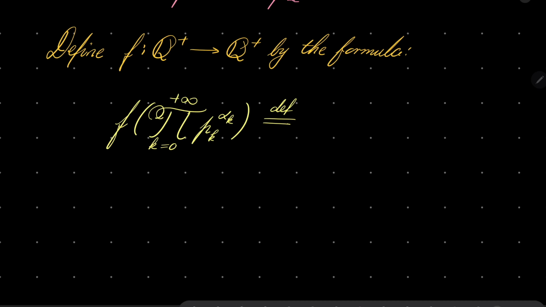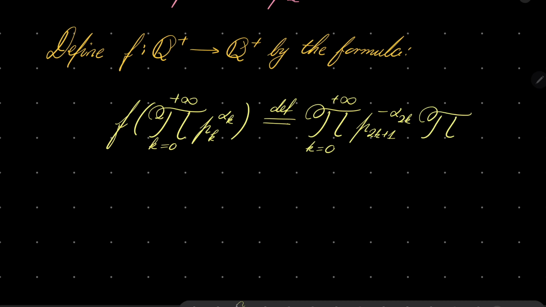Let's write it in a better way. Primes of the type p2k will be mapped to p2k plus 1 to the power minus alpha 2k, and primes with odd indices will be mapped to p2k to the power alpha 2k plus 1.